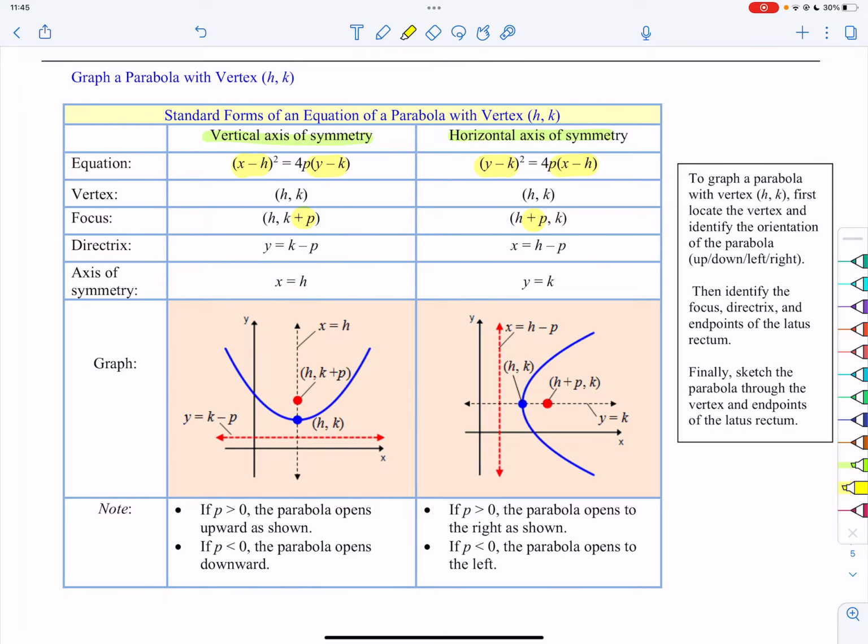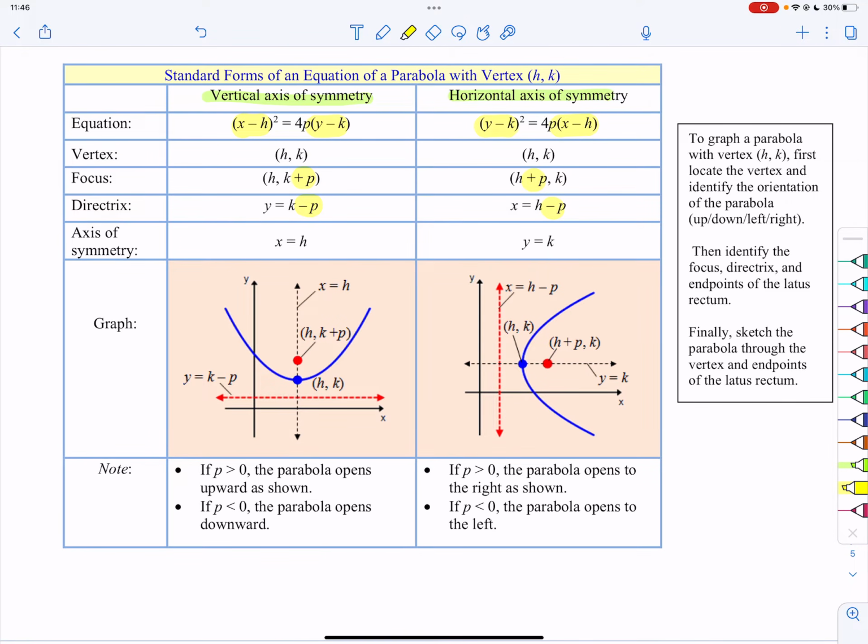Our directrix, k minus p, is what y is equal to, and then x is equal to h minus p. As you can see here, we have a parabola opening up or down if the x is squared. So the x minus h is squared.